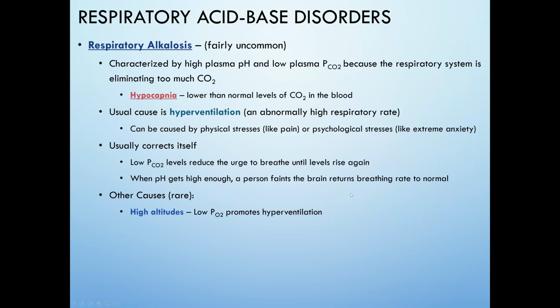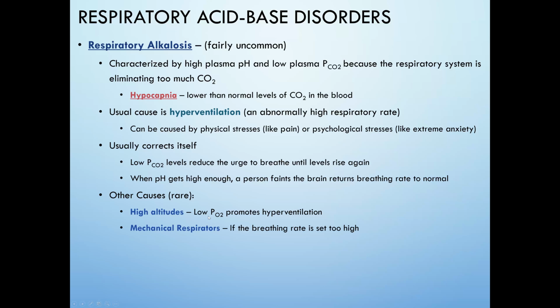Other causes of respiratory alkalosis, and again, these are more rare causes, are exposure to high altitudes. Maybe you would see this in mountain climbers, especially the ones who climb the highest peaks like Mount Everest. The very low oxygen pressure levels in the upper atmosphere promote hyperventilation in an attempt to get enough oxygen, but at the same time it can cause you to lose too much carbon dioxide.